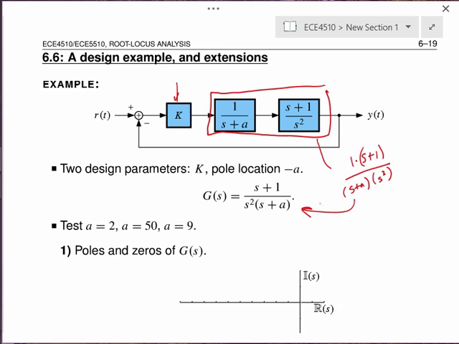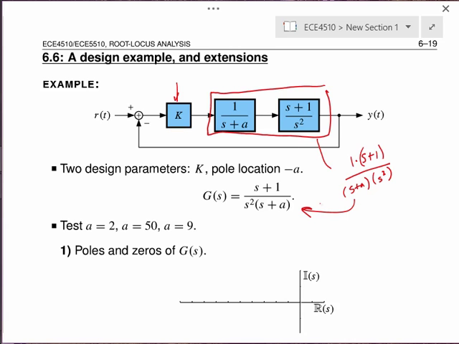It doesn't apply if I'm doing two things at once, like I might want to do here. I might want to vary both A and K simultaneously to see what the combined effect is. So in order to get around that, we're going to have to select representative values of one variable and then plot the root locus as a function of the other variable.